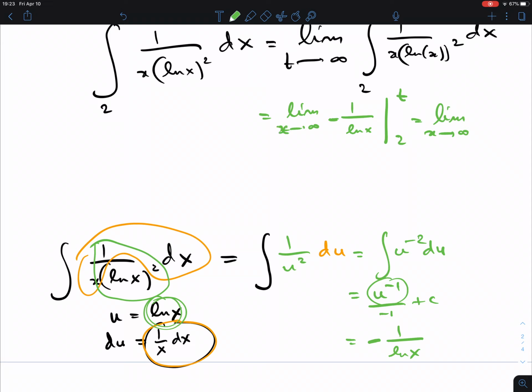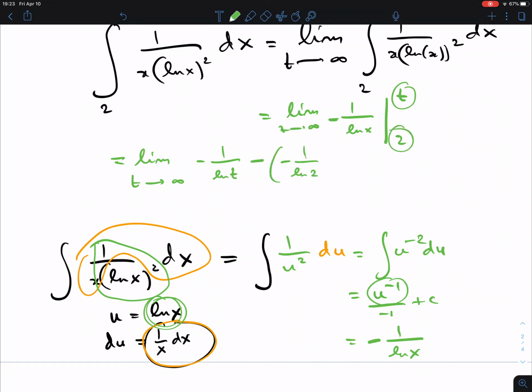That is equal to the limit as t goes to infinity of minus 1 over ln t, and now you plug in the other one, minus minus 1 over ln of 2. Okay, this is not a problem. The problem is here, but it's also a very easy limit in this case.